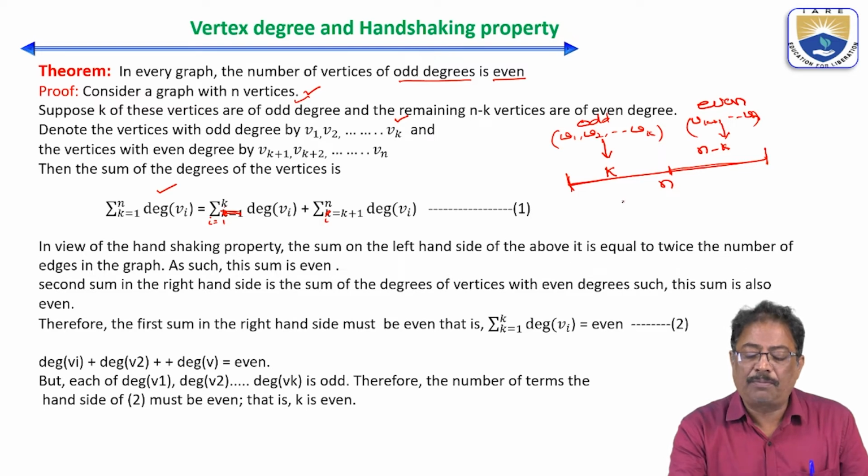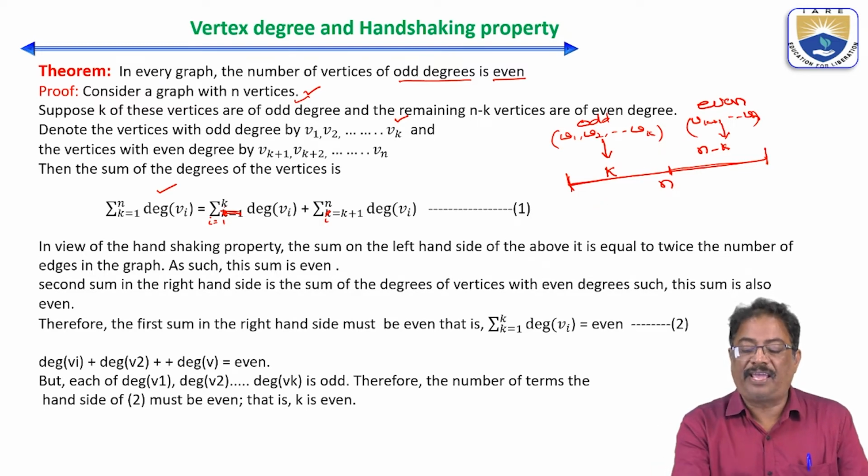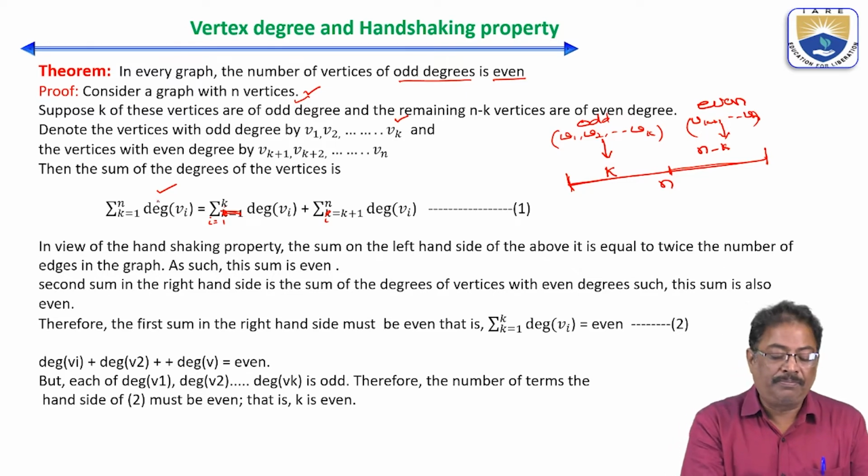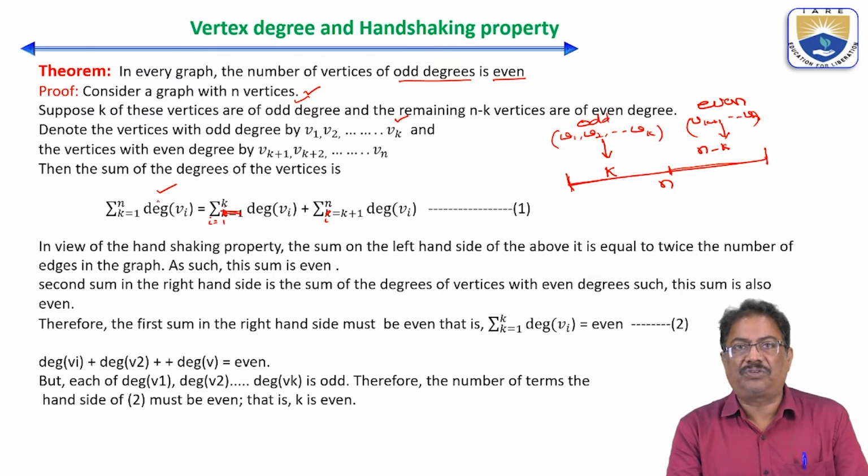So the whole thing is split into k vertices and n minus k vertices. Let us call this equation 1.